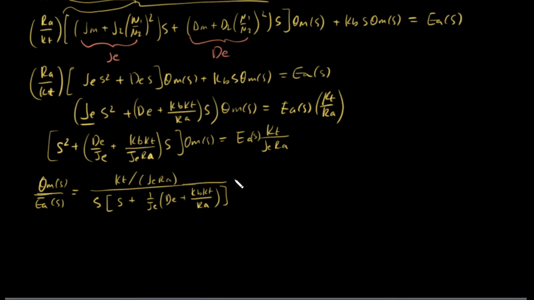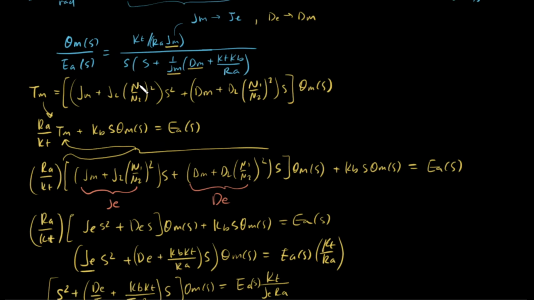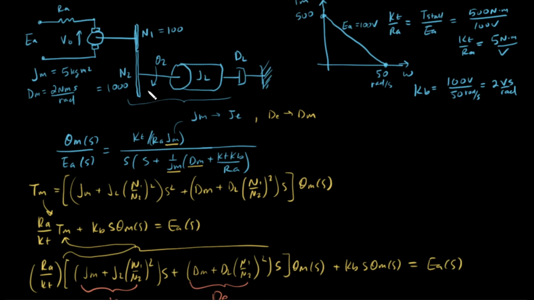And these are our motor dynamics. If we go back and look at what we had before, you can see that the dynamics here are the same as the dynamics that we have here.